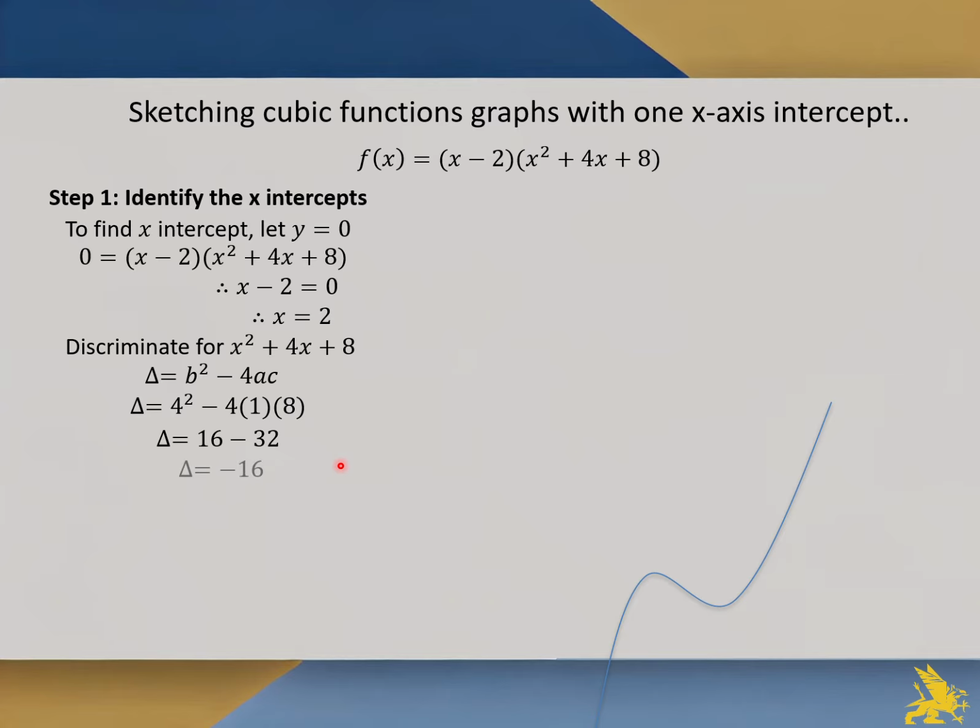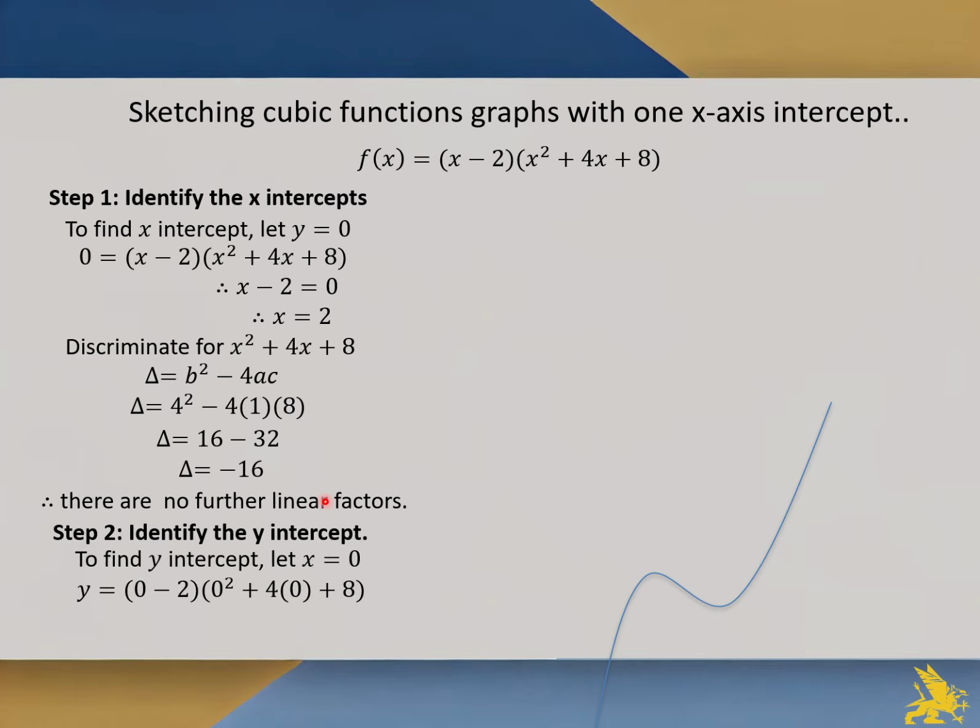So I'm going to get a negative, which is the reason why there are no further linear factors. So that means I just need to identify the y-intercept. And to do that, I just have x equals 0. So that is really just going to give me 8 times -2 equals -16.